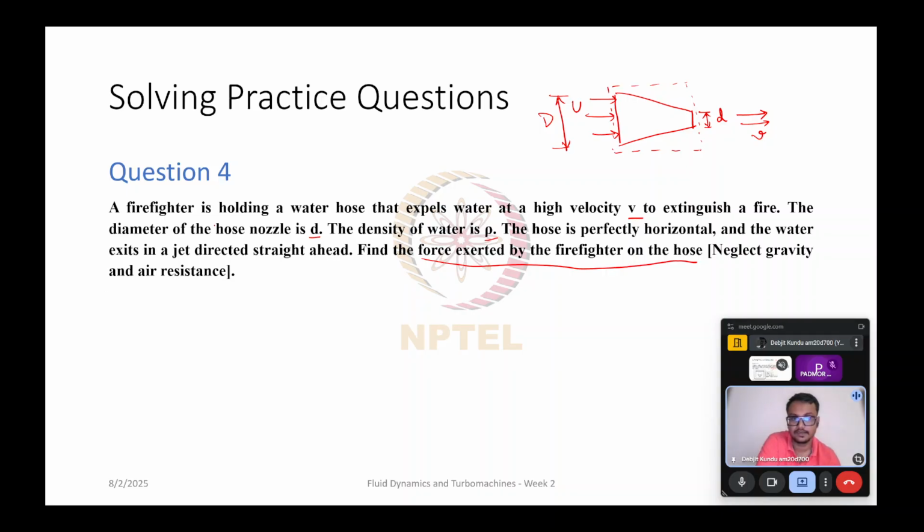So let's use a simplified version of the RTT for linear momentum. I'll just start with the general form.